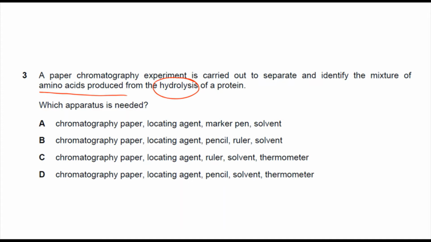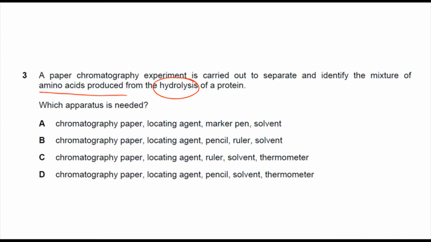If you have, then you would know that I also mentioned when we were doing question number 3 of May June 2019 paper 1 2, I said there were colorless acids and we were using a locating agent for them. And I specifically mentioned that there's a very concrete example in the syllabus that amino acids by nature are colorless, and for them we use a very famous locating agent known as ninhydrin.